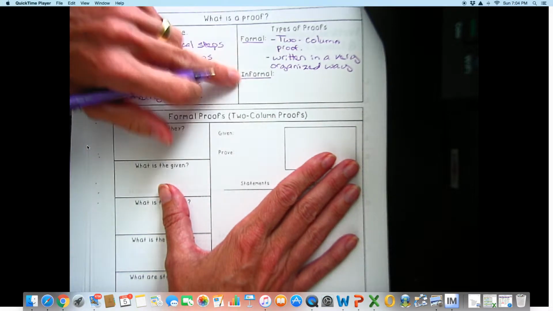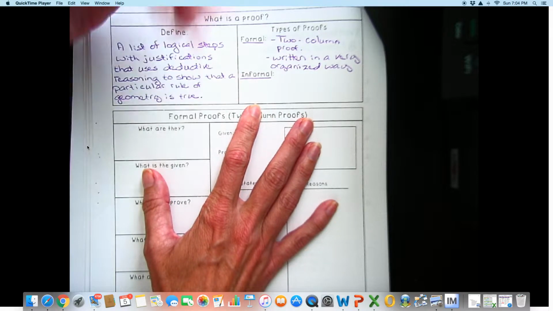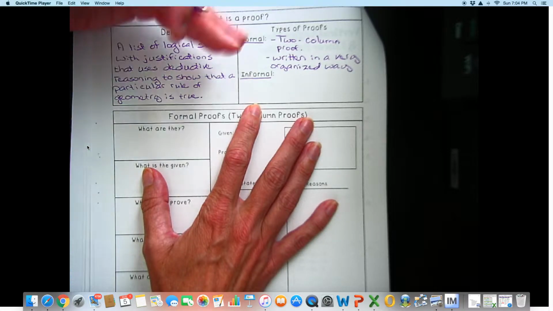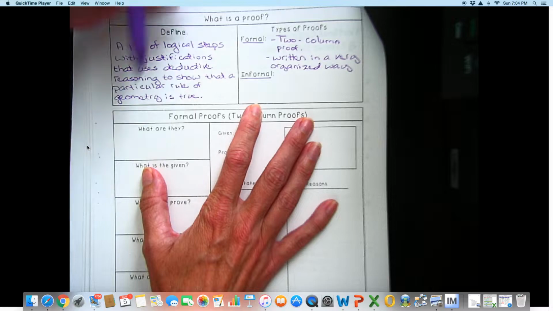Then we also have informal proofs, and informal proofs are basically a paragraph. You just write down what you did as best you can. It's a proof that uses essential steps in a quick paragraph without worrying about every little detail.